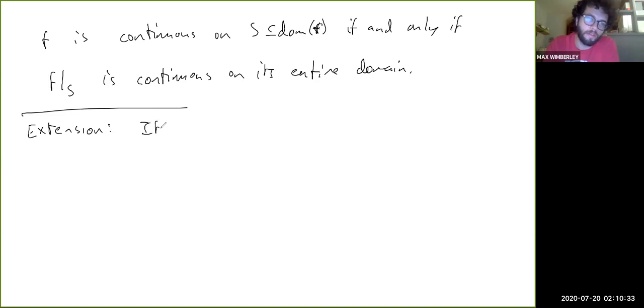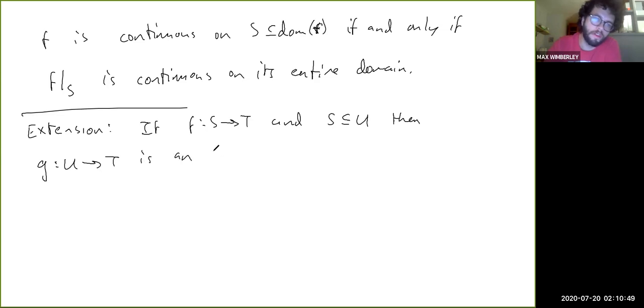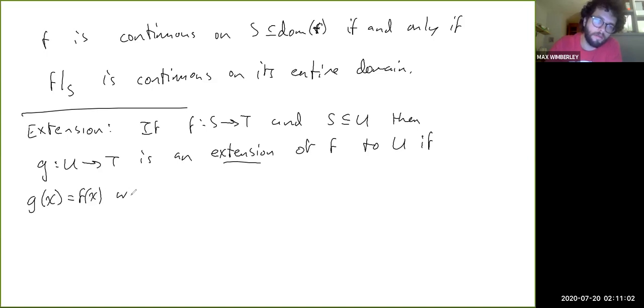So if f is a function from S to T and S is a subset of some other set U, then G from U to T is an extension of f to U if G of x equals f of x whenever x is in S. So if G agrees with the values of f at every point where f is defined, but G also has some extra values at new points where f isn't defined, then G is called an extension of f, right?